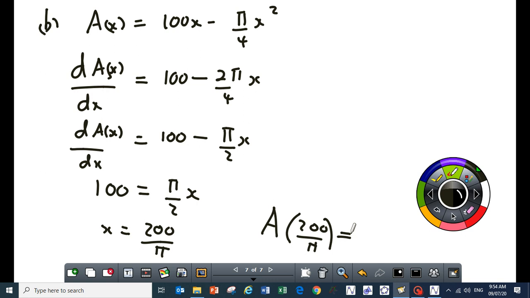Can someone substitute? 3,183.09. That should be in square meters. So that's our solution there. So the lesson stops there. I'll give you homework.